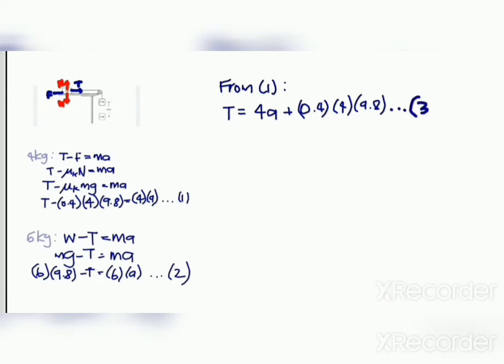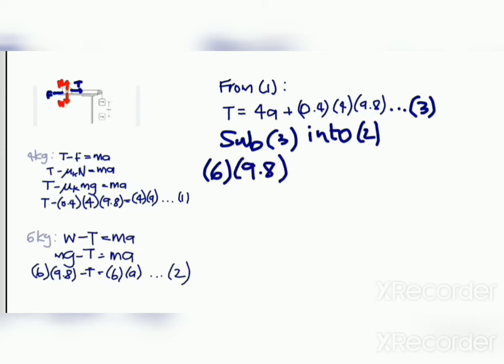We already know how to solve these two-body problems. And we can sub equation 3 into equation 2 to solve for one of the variables. So we would have 6 times 9.8 minus T. Now we have 4A minus 0.4 times 4 times 9.8.